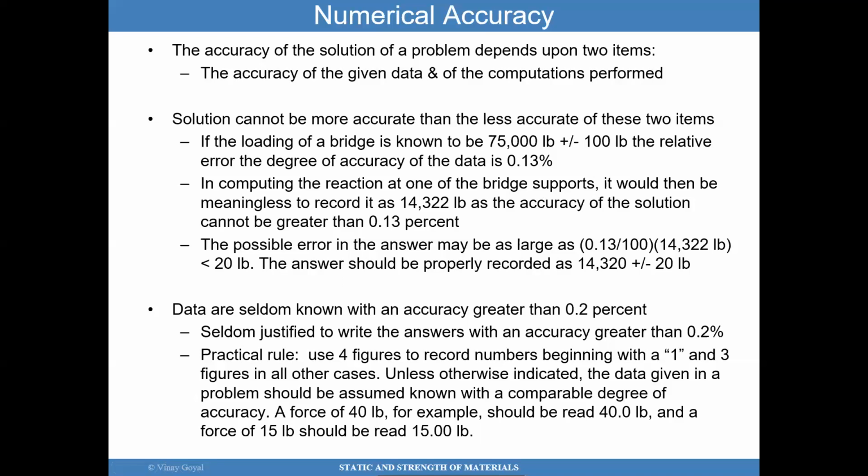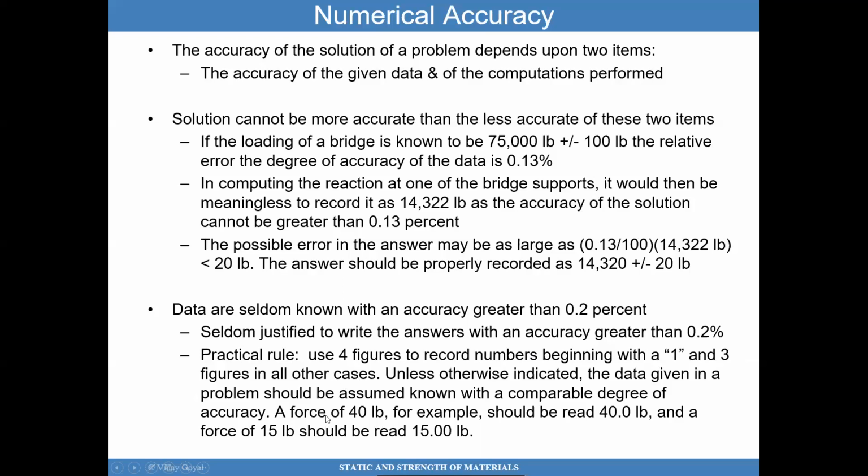Data are seldom known with an accuracy greater than 0.2%. Typically, even less than that. So it is unjustified to write results with accuracy greater than 0.2%. A practical rule is to use 4 figures to record numbers beginning with a 1 and 3 figures in all other cases.